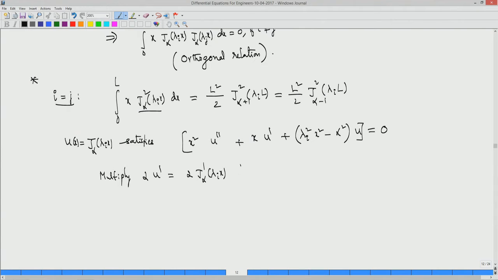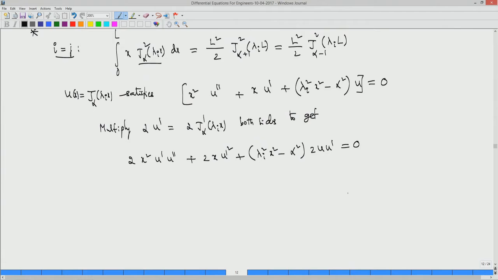If I do this, you get 2 x square u dash u double dash plus 2 x u dash square plus lambda i square x square minus alpha square times 2 u dash equal to 0.